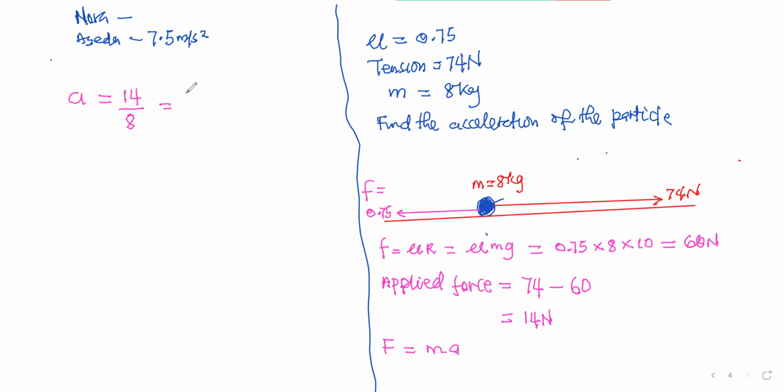So we have 7 on 4. And what is 7 on 4? 1.75. 1.75 meter per second squared.